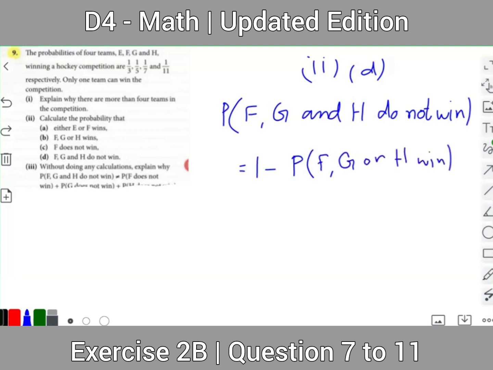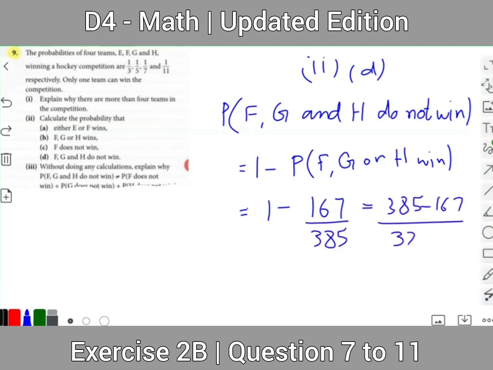Since we have find out this probability in the part B, and it was 167 over 385. Now it will become 385 minus 167 divided by 385. And after subtraction, we will get 218 over 385. So the probability that F, G, and H do not win is equals to 218 over 385.